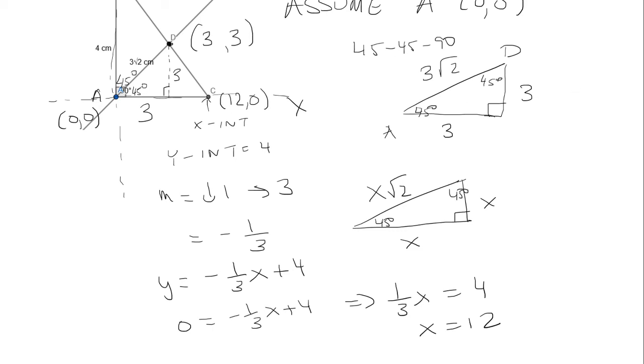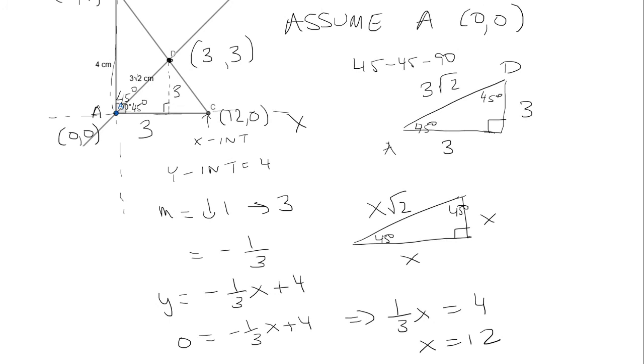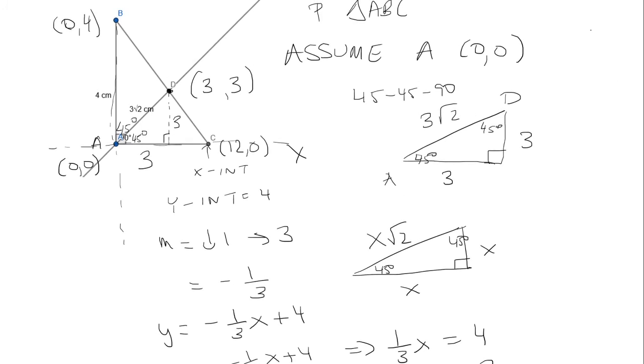So what we have right now for triangle ABC is the height is 4. The base, well, it's from 0, 0 to 12, 0. That has to be length 12. I don't know the hypotenuse.